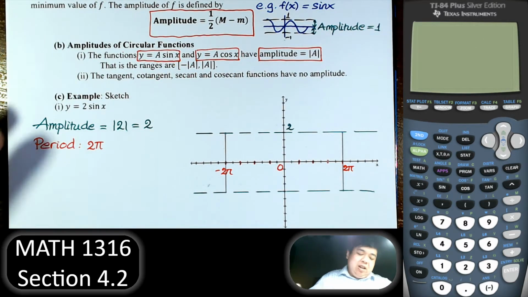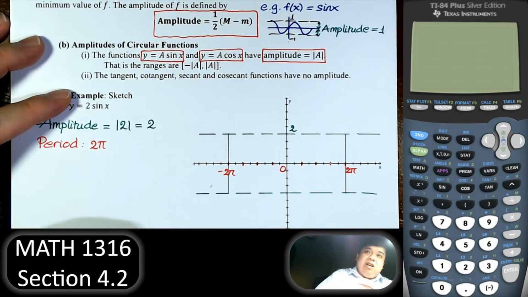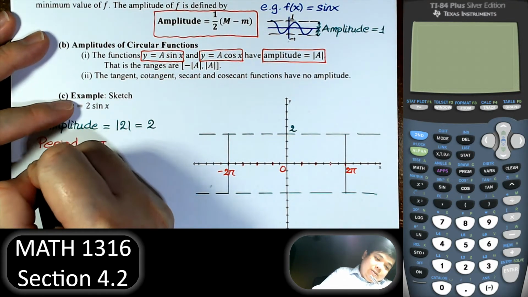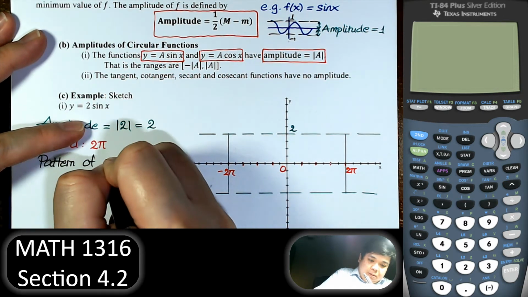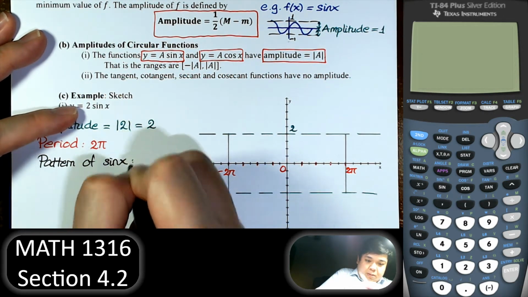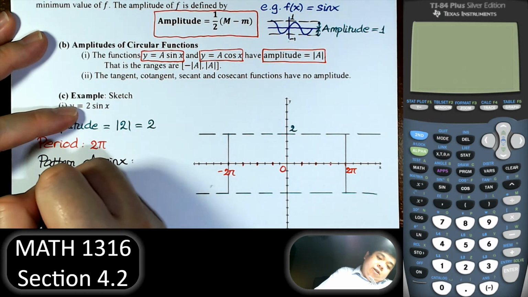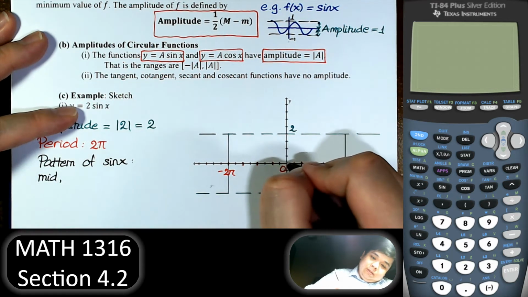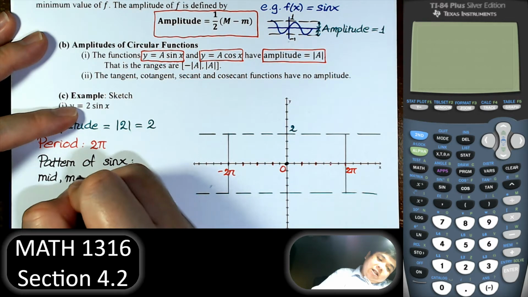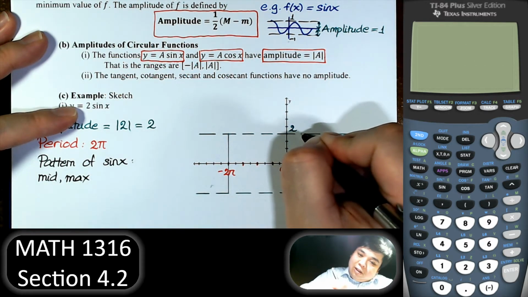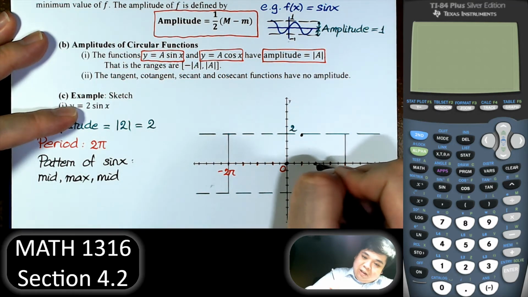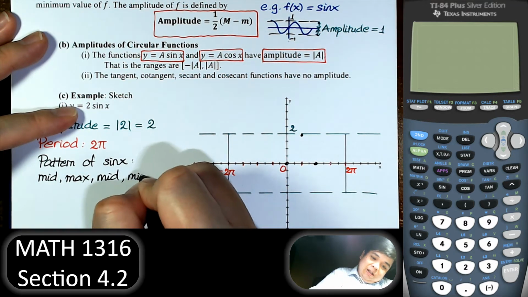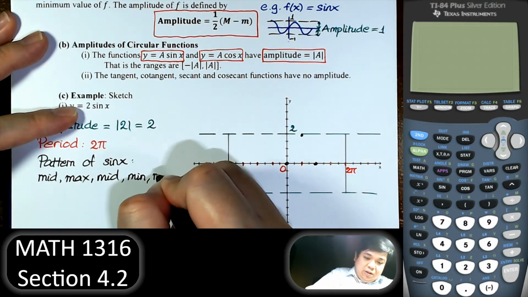The pattern, what is the pattern, or the characteristic of the sine? It's going to be middle, max, middle, min, and back to the middle.